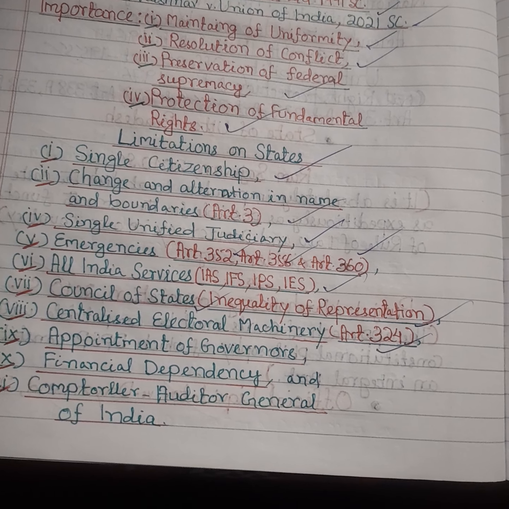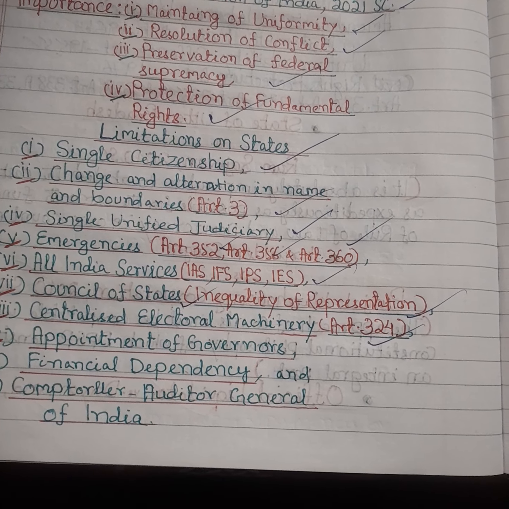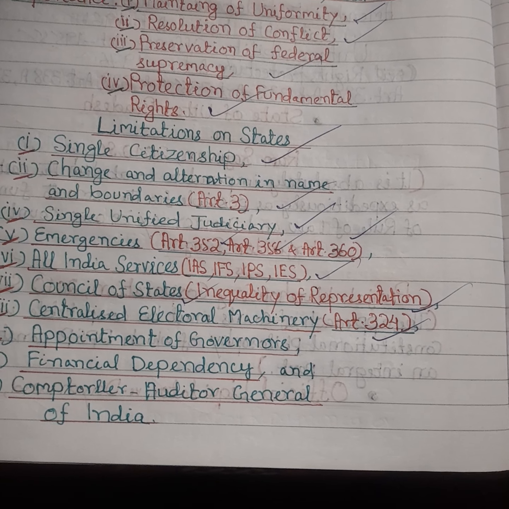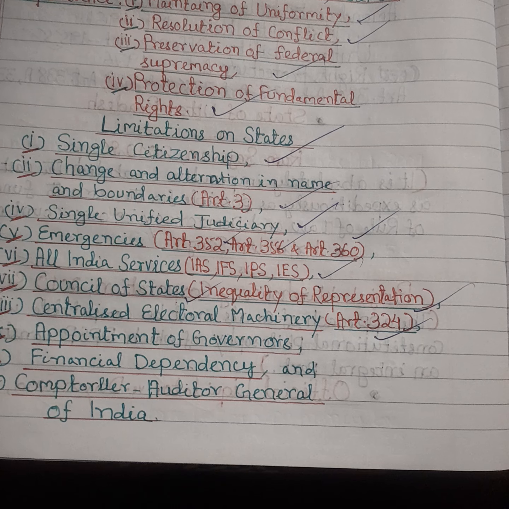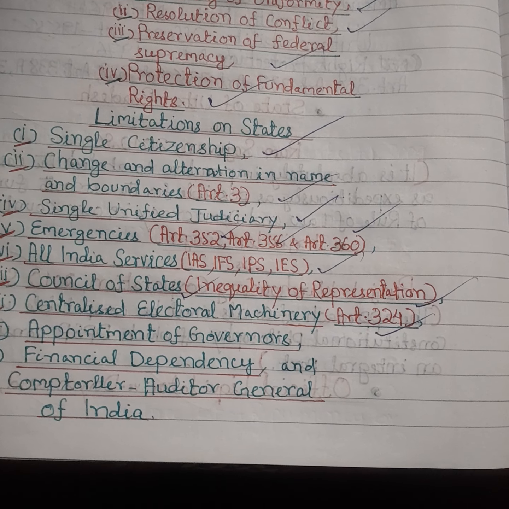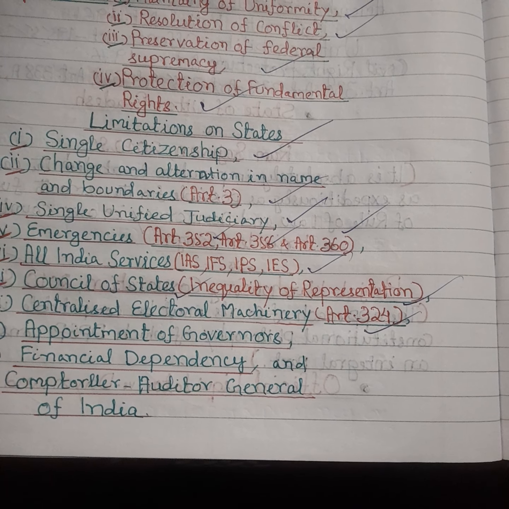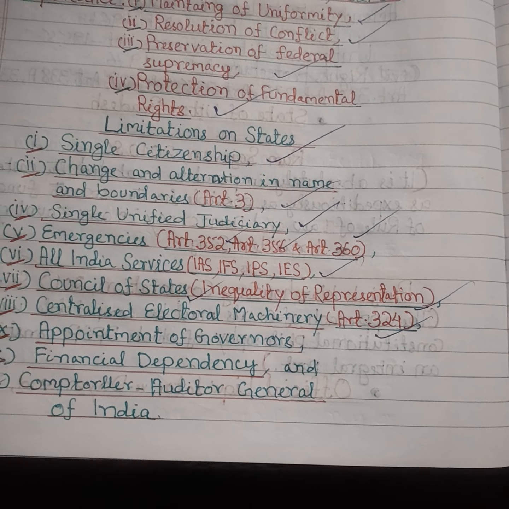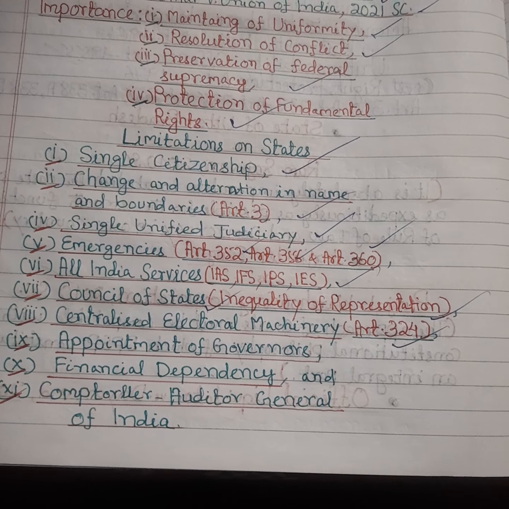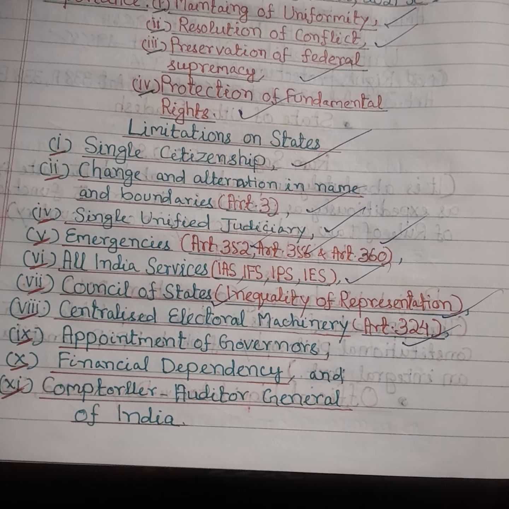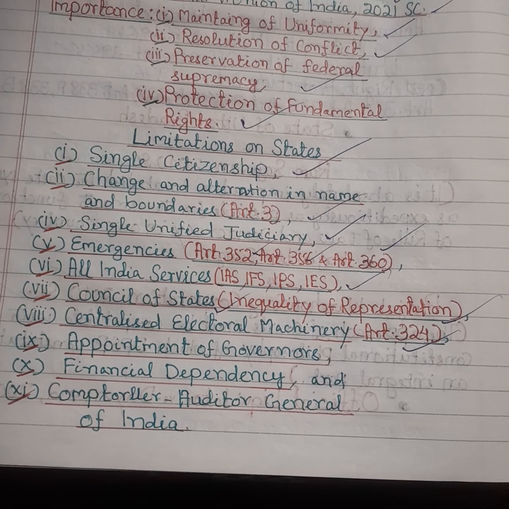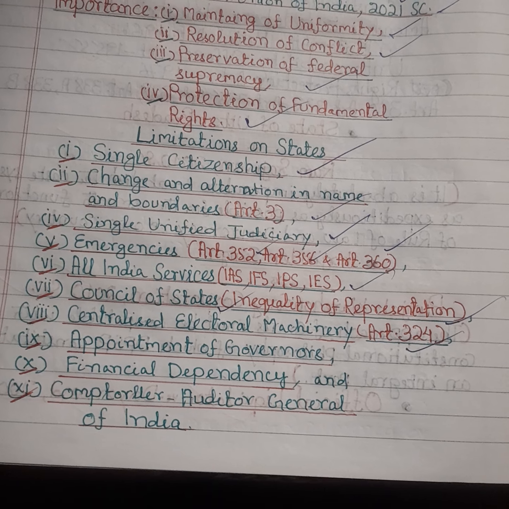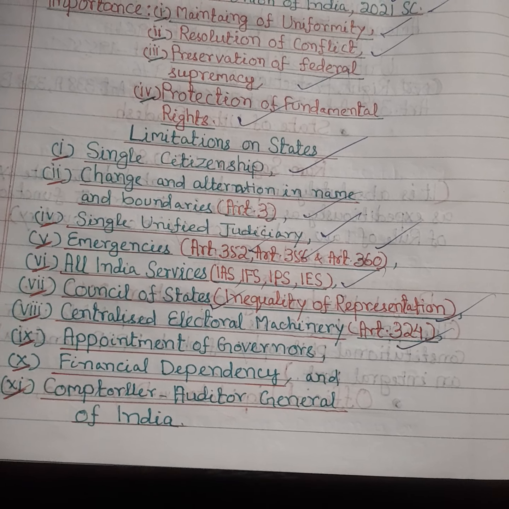So, the Constitution under Article 324 provided that the body of election commission, appointed by the president, is in charge of conducting elections for the parliament as well as the legislatures of the state, the election of the President of the Republic of India, so also other important elections conducted by the election commission headed by the chief election commissioner of India, as it is provided under Article 324 of the Constitution.